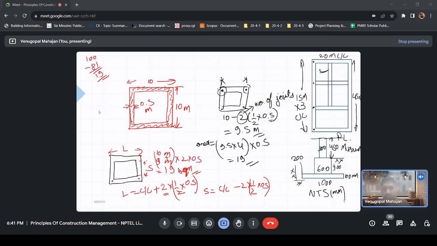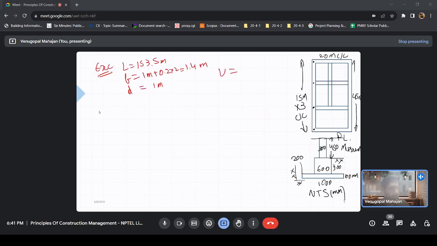Similarly, PCC and brickwork. So for PCC, we have got L is equal to 153.5, B is equal to 1, and D is equal to 0.1. Brickwork.